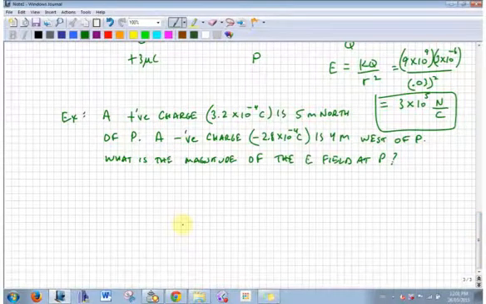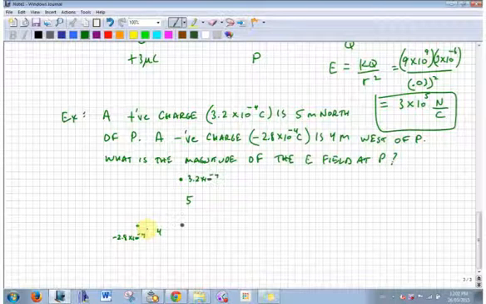So there's P. Something 5 meters north of it is that charge, positive, and a negative charge is 4 meters west of it. So analyze both of these things.